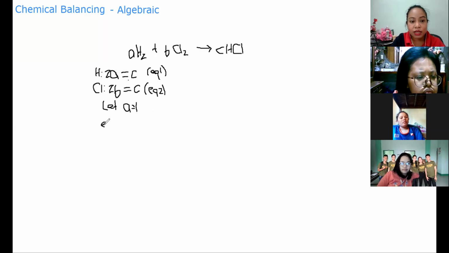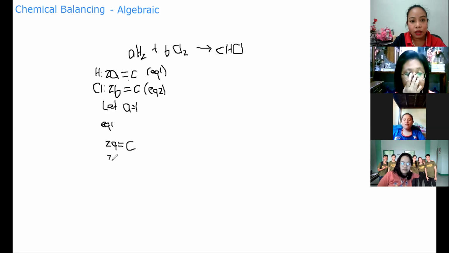Equation 1 says 2A equals C. Since we equate A with 1, we substitute the letter A with 1. So 2 times 1 is 2. Therefore, C is equal to 2.